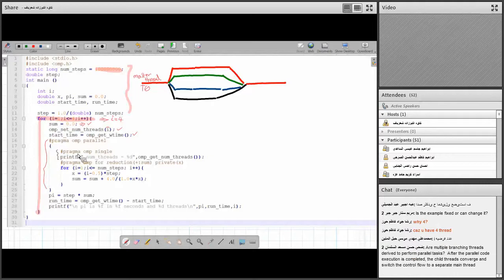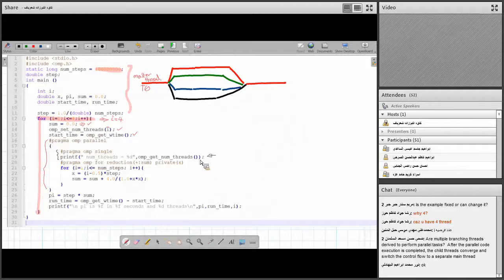In the first step, pragma OMP single printf a value.